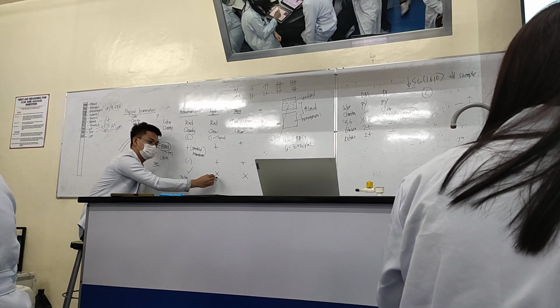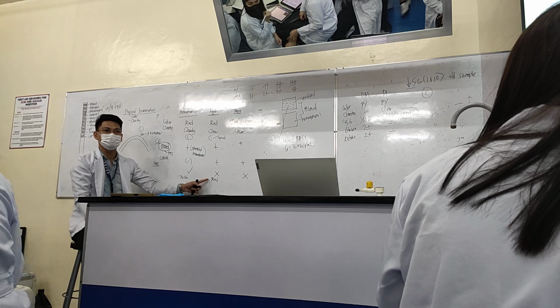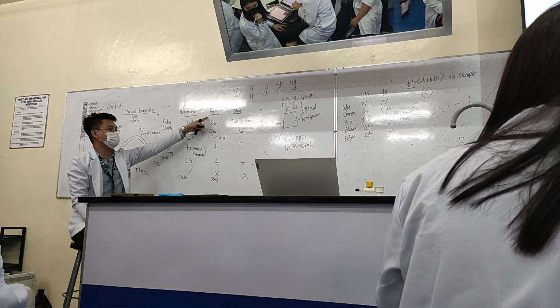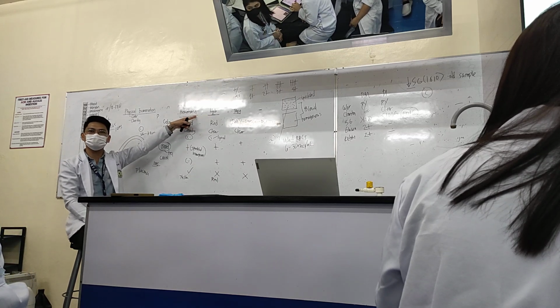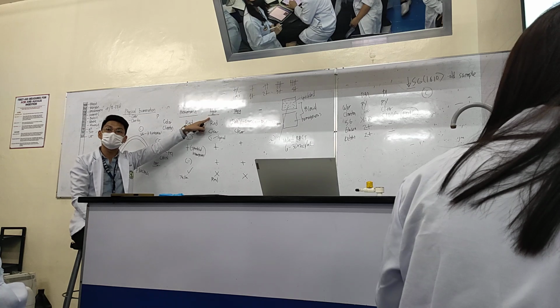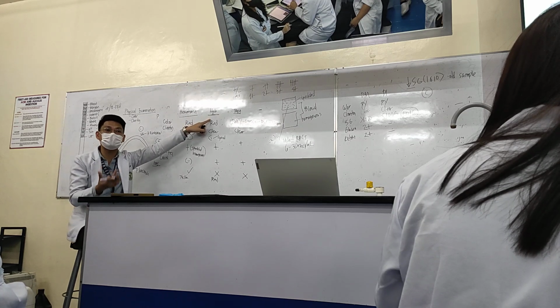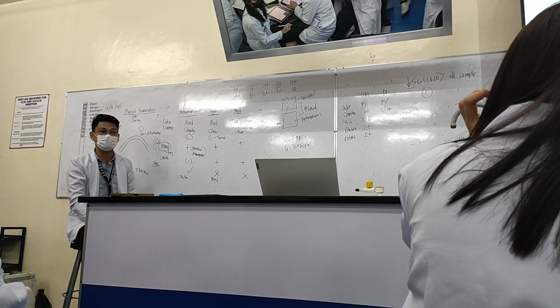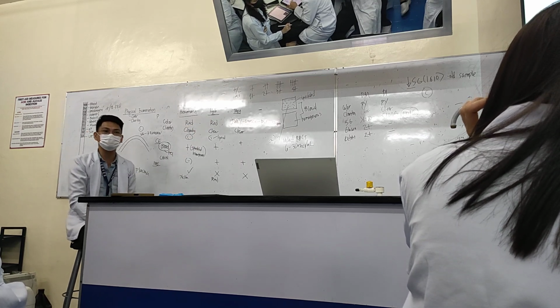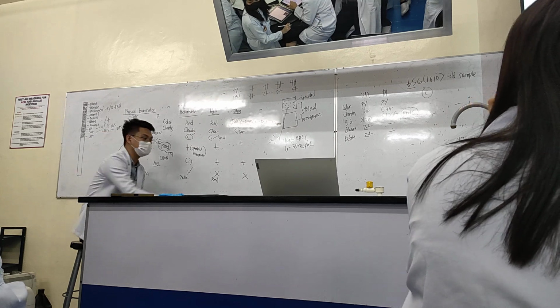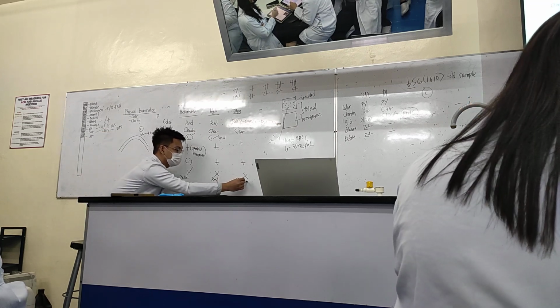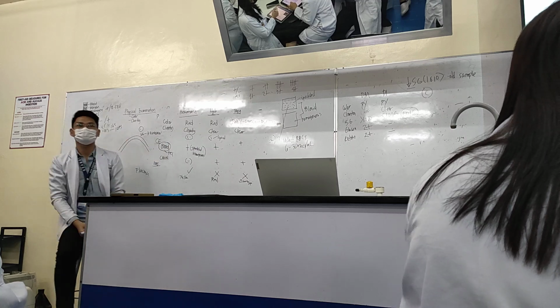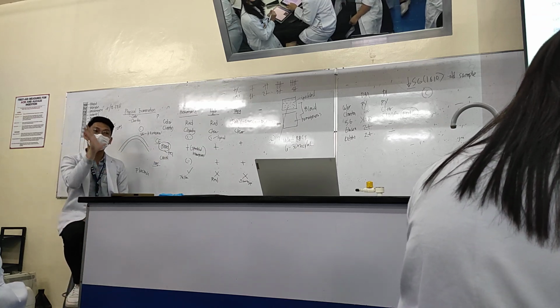Red. What is the most common reason? Intravascular hemolysis, the lysis of red blood cells inside the plasma. How about myoglobinuria? Usually orange in color. So you can differentiate them based on color.